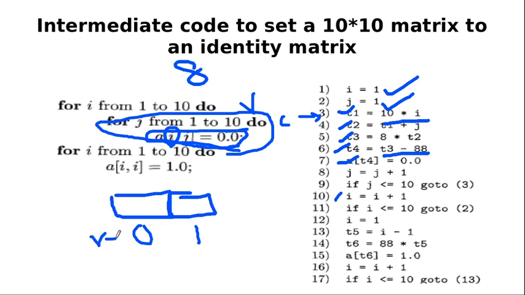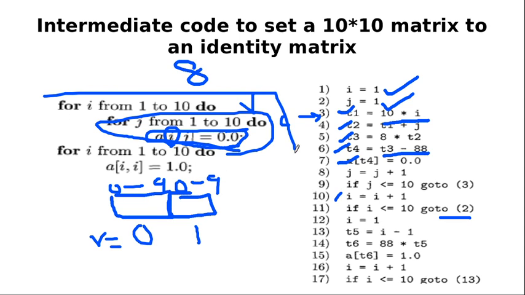Under row 0 the columns begin with 0 to 9, and row 1 also has columns from 0 to 9. So when the row increases, the j value must begin with 1 again. What is the statement we have? j equal to 1 at 2. So that's why this is go to 2.